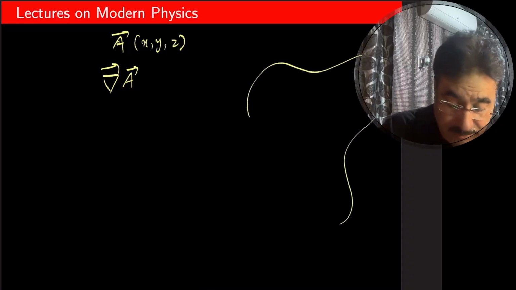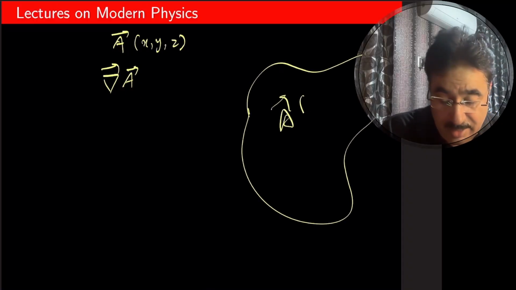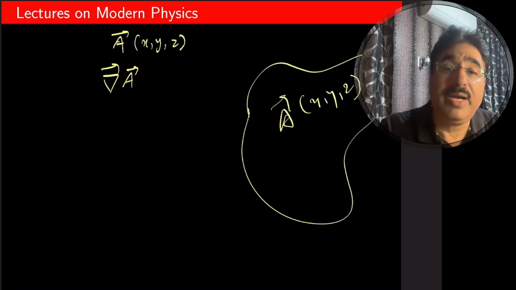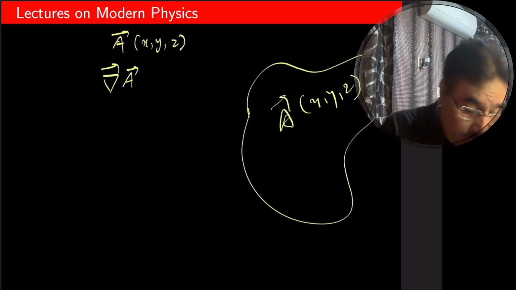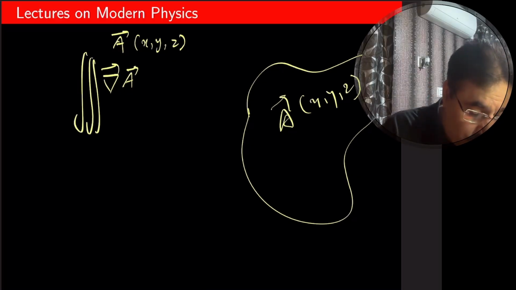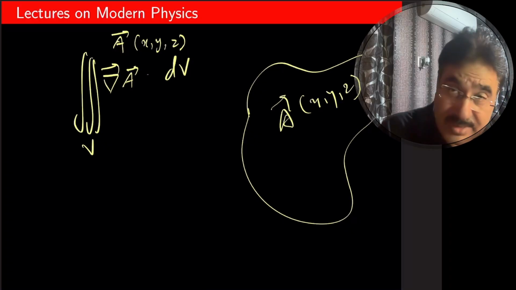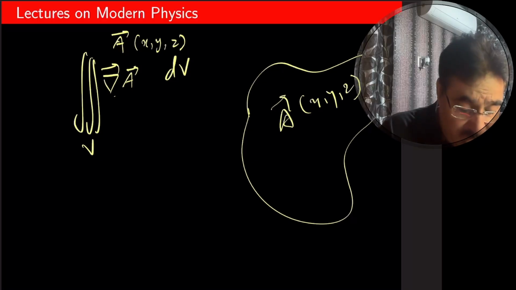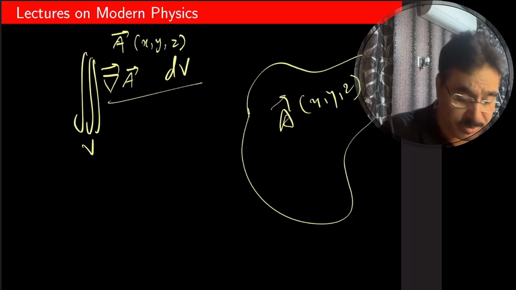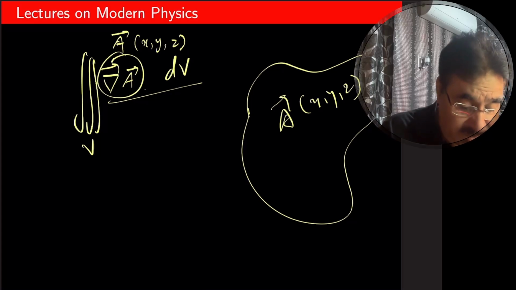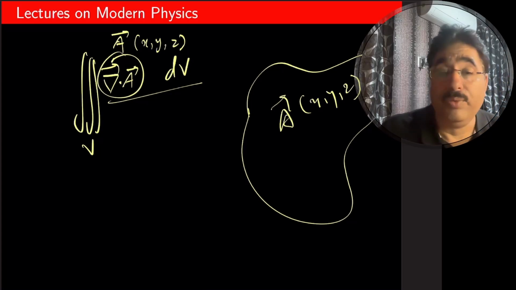So this is a region where you have a vector field A, which is x, y, z dependent, and I find the divergence. You find the divergence at every point, and then you integrate that divergence over a volume. Now you know divergence is a scalar, so you are just integrating a scalar thing over the volume, and you don't have to worry.